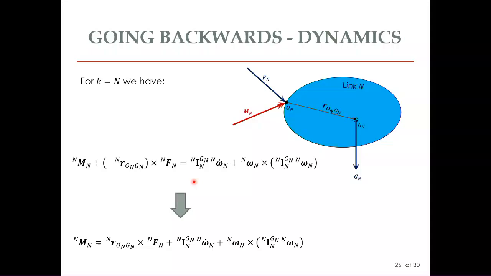So omega n dot in frame n is just like omega n prime in frame n, just because it is the absolute angular acceleration of the frame in which you did the derivation, the same frame.